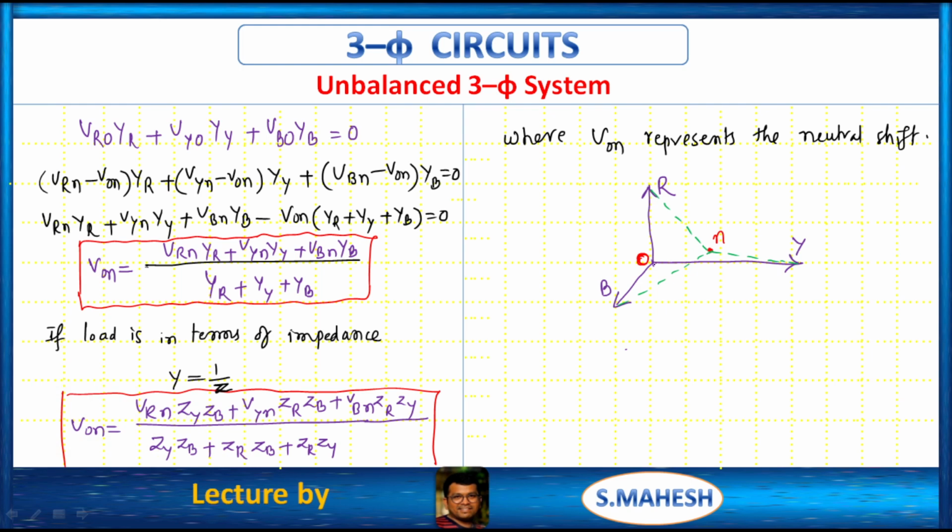Because of that, this is the neutral shift. Clear? This is the perfect representation of this analysis. So there is a neutral voltage due to neutral current in the system.